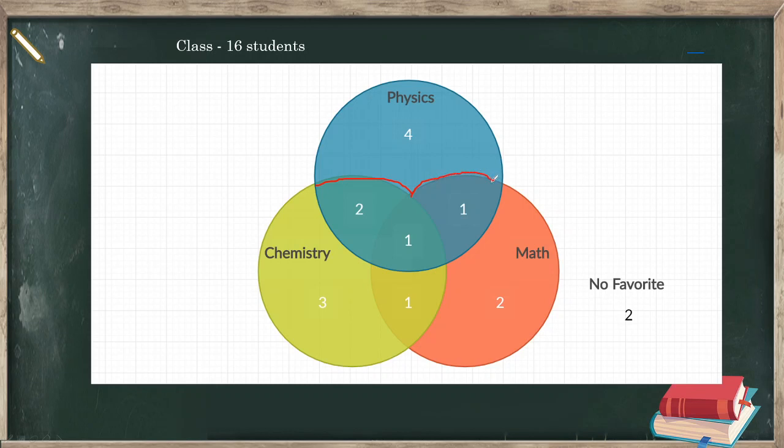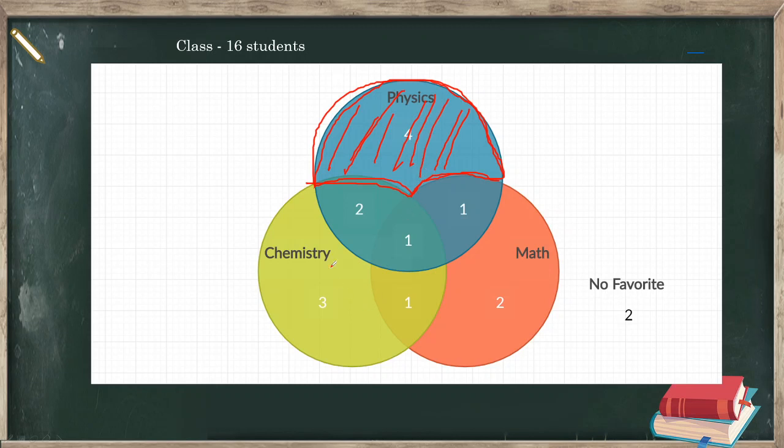These people study physics and nothing else; they do not have anything else as a favorite. So these people are the people whose favorite subject is only physics. Math is not their favorite, chemistry is not their favorite.